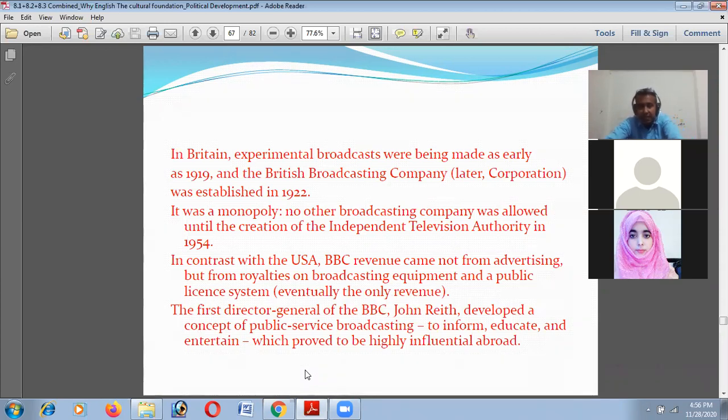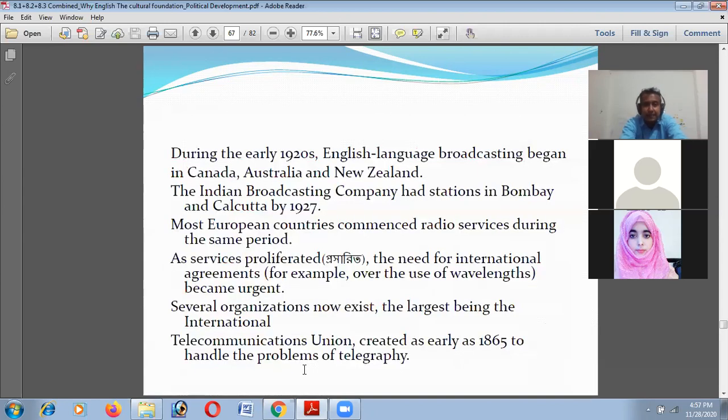So the BBC had a motto: to educate, to inform, and to entertain. Through this motto, they established a monopoly all over the world. And of course, the language is English.